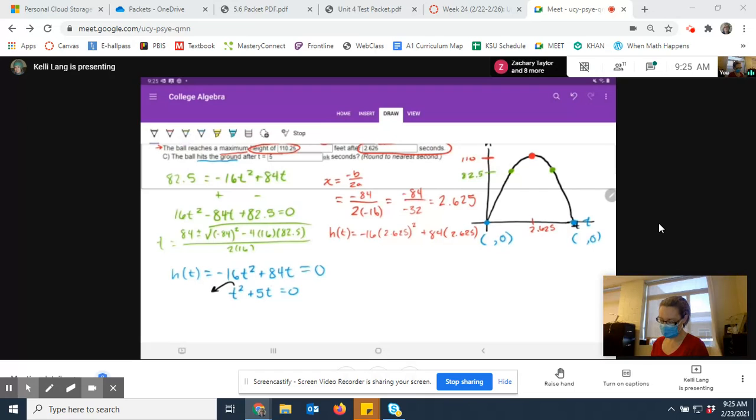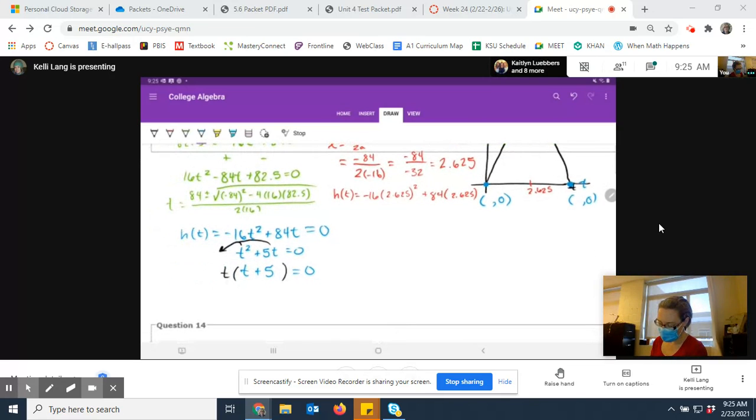These are two terms that both contain a t, so I can actually pull that t out front, which leaves me inside with a t plus 5. So I'm just factoring out a t. And so my two factors are t equals 0 and t plus 5 equals 0, which are both very easy to solve. We get our two answers, 0 and 5.